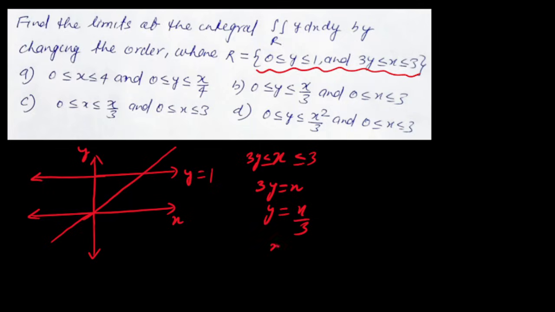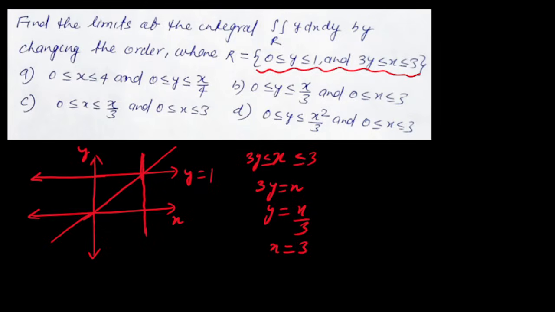So I have to draw the line x is equal to 3. So this is the line y is equal to x by 3, and what is the coordinate of this point? If I put y is equal to 1 here, I will get x is equal to 3. So the line x is equal to 3 will be nothing but this line, right?